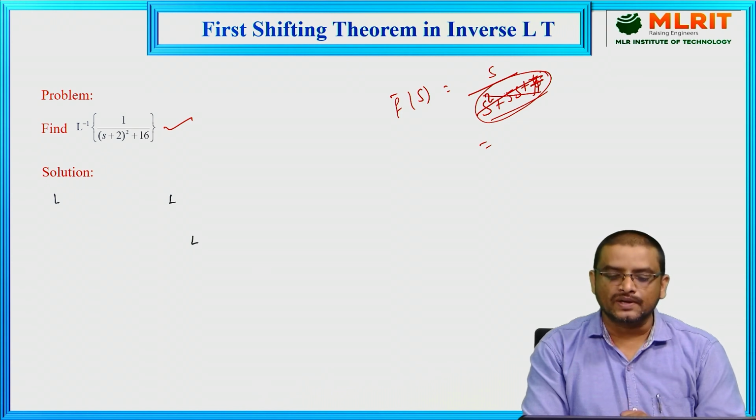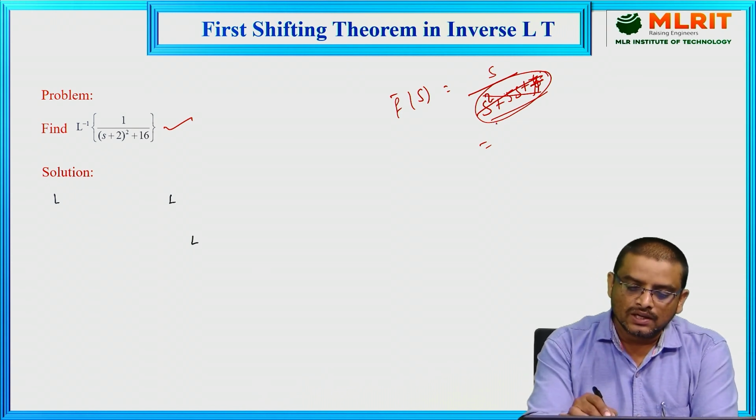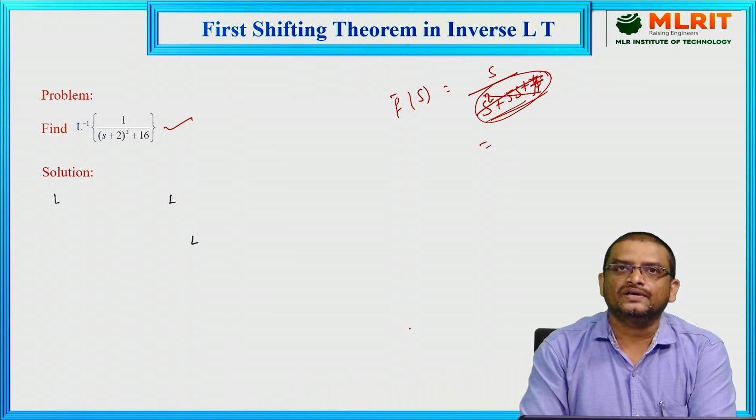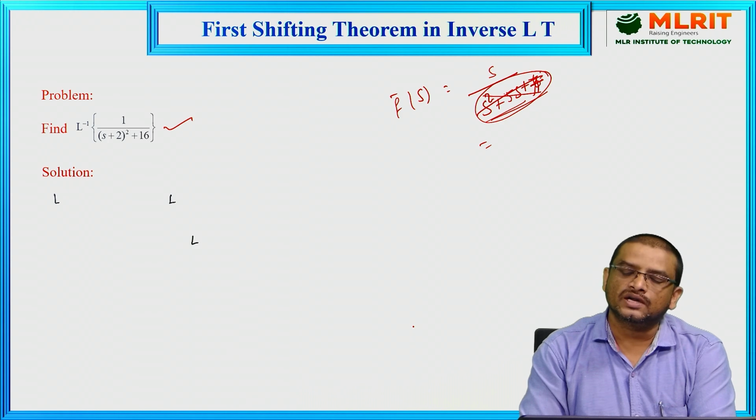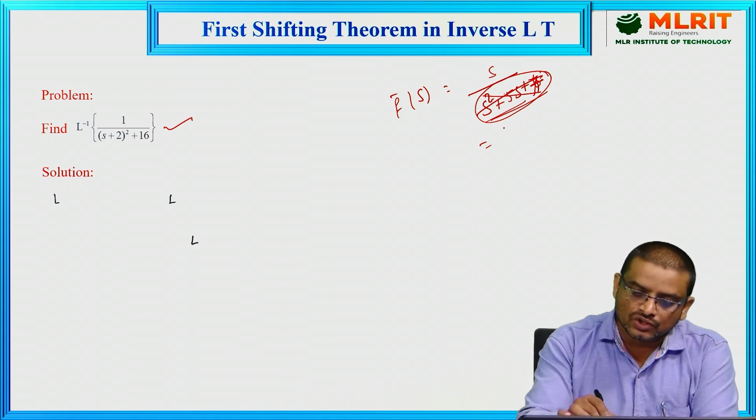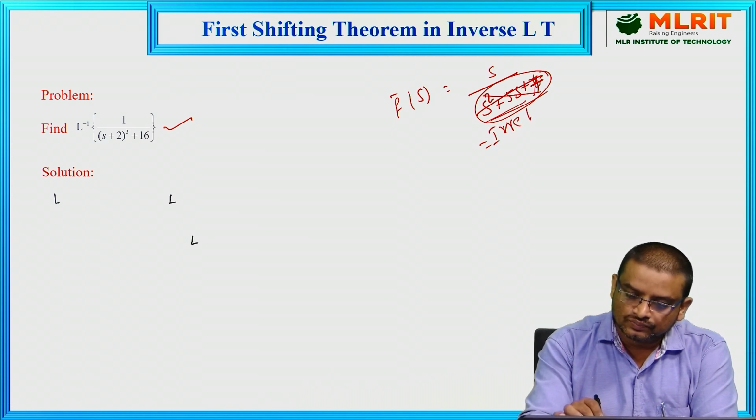Once again I will repeat this. Whenever the quadratic polynomial in the denominator of the given f bar of s is not reducible into linear factors, that means irreducible, then we can convert this function in terms of f bar of s plus a or in terms of f bar of s minus a.